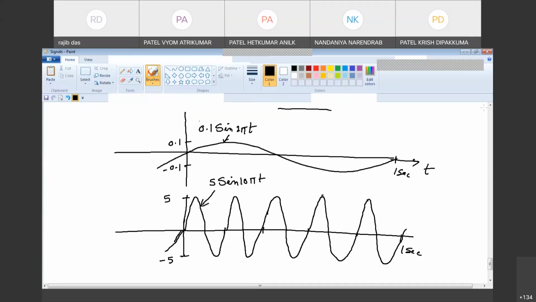The second signal, the dominant signal, has a constant amplitude of 5, so its peak value is always at the 5 level. Is it correct? Now when the other signal is added, suppose at this instant it has some value. That value will be added to this one, so the peak value is shifted a little bit.